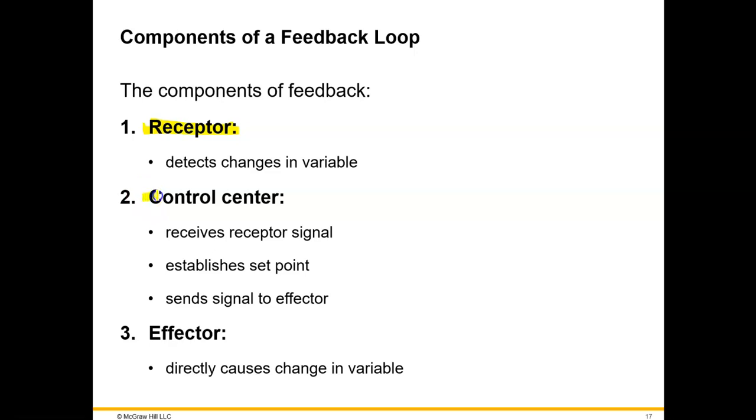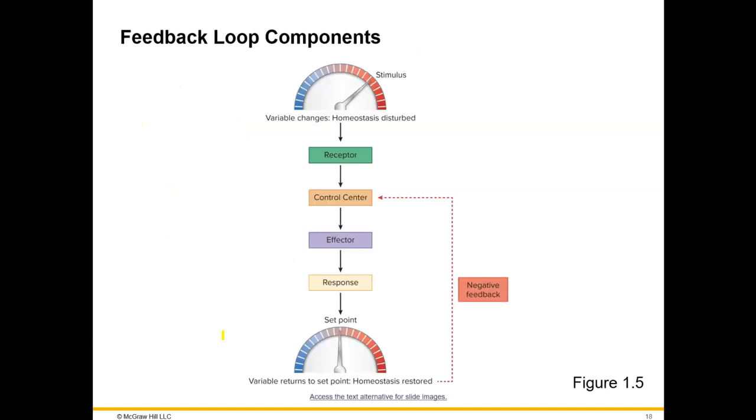The control center, which receives the receptor signal, establishes a set point, and then sends a signal to an effector to get that condition back in control, I guess you could say. So the effector is going to cause changes in the variable, like body temperature, so that it comes back to close to the set point.